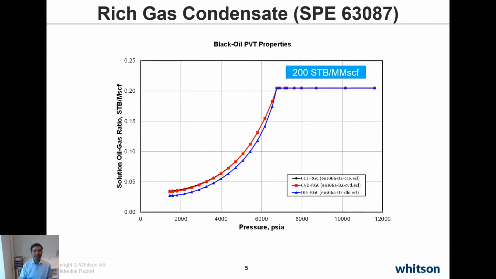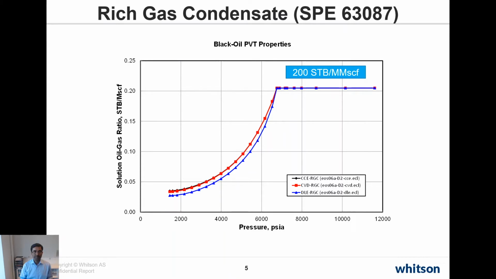First, we have taken a rich gas condensate from SPE paper 63087, and the reservoir simulation model is also taken from the same paper. This rich gas condensate has an oil gas ratio of 200 stock tank barrels per million standard cubic feet, and this plot shows oil gas ratio variation with pressure for all three black oil PVT tables, CCE, CVD, and DLE.